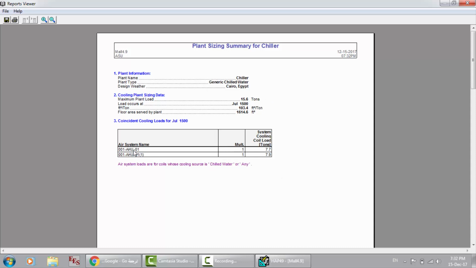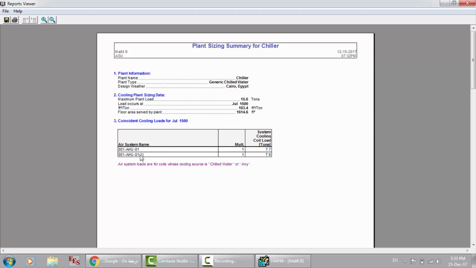So your system AHU, suppose that this has a peak hour and it may not be the same peak hour of the plant. So the plant sizing data may be different from the AHU you use.